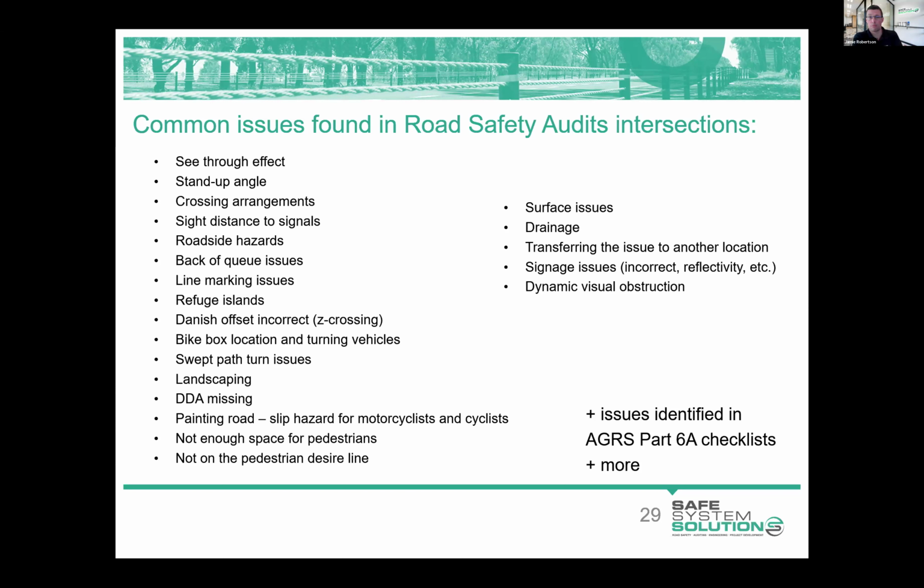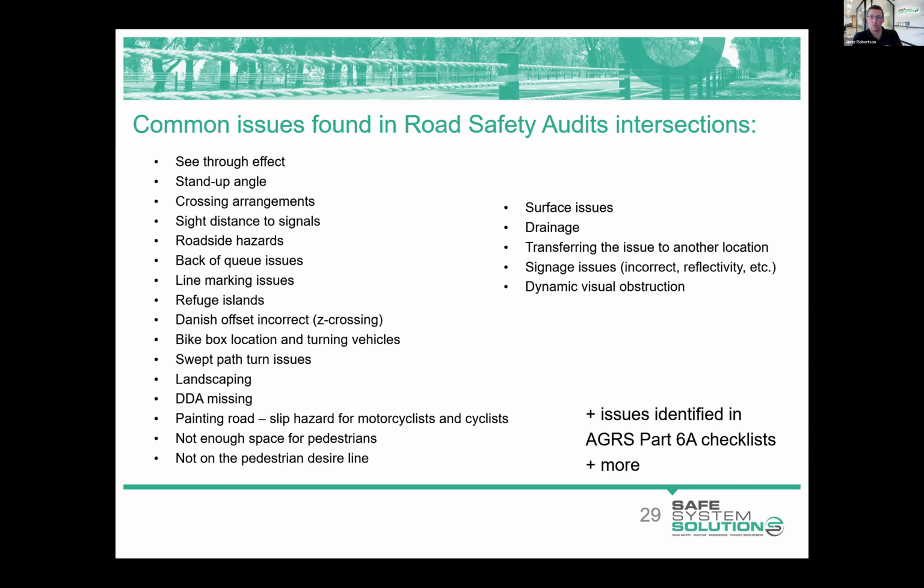That's another issue that frequently comes up in audits. Sight distance can be limited by overhanging trees, by signs, by parked vehicles. There are lots of different obstructions that we see. Sometimes we see some see-through effects where you've got a succession of signals. People might be looking beyond the immediate set of signals to another set of lights.